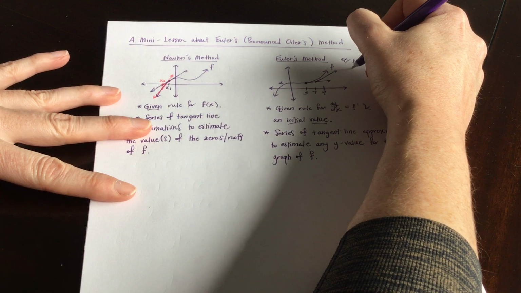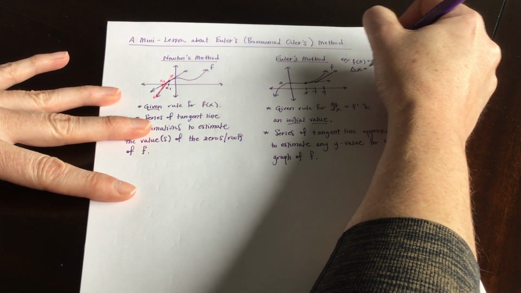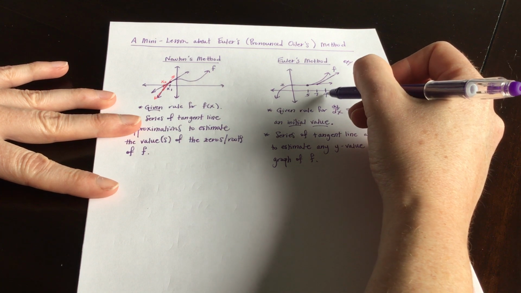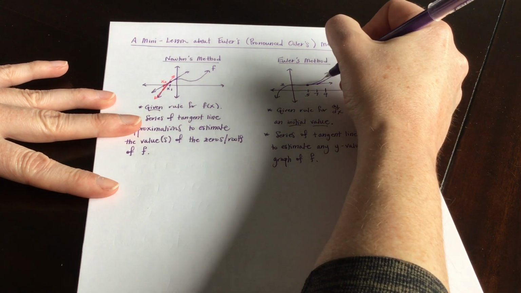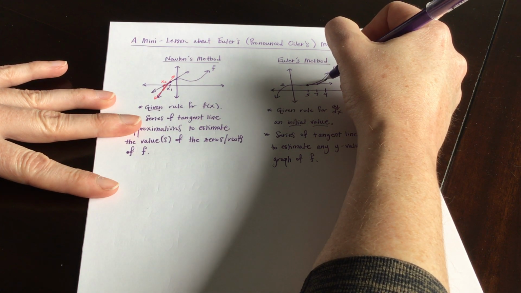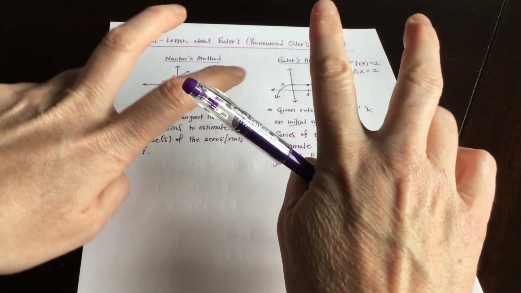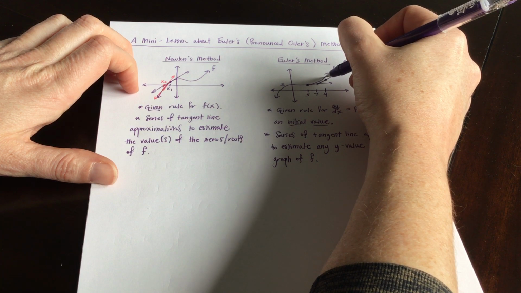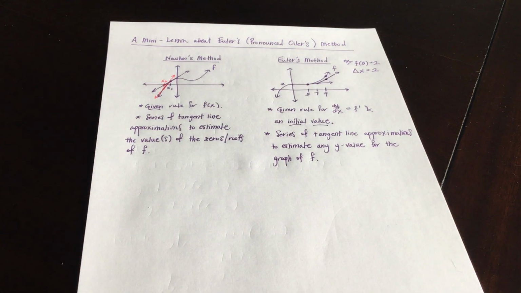So let's say step size, increase in x by 2. Then you go from 7 to 9, and you'd plug 9 into your last tangent line, and whatever number you get, you'd say that's approximately equal to the actual function rule.